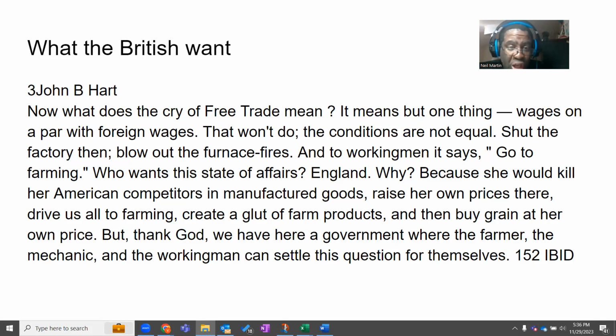What the British want to see is furnace fires being blown out, factories being shut down, and American wages on par with European wages. And that's not going to do. It's not going to help out the American population. So British free trade seeks to destroy American competition. They want to take over the markets in the United States of America. Why should we let the British take over our markets and destroy our labor force? That doesn't make any sense. Next slide, Victor.